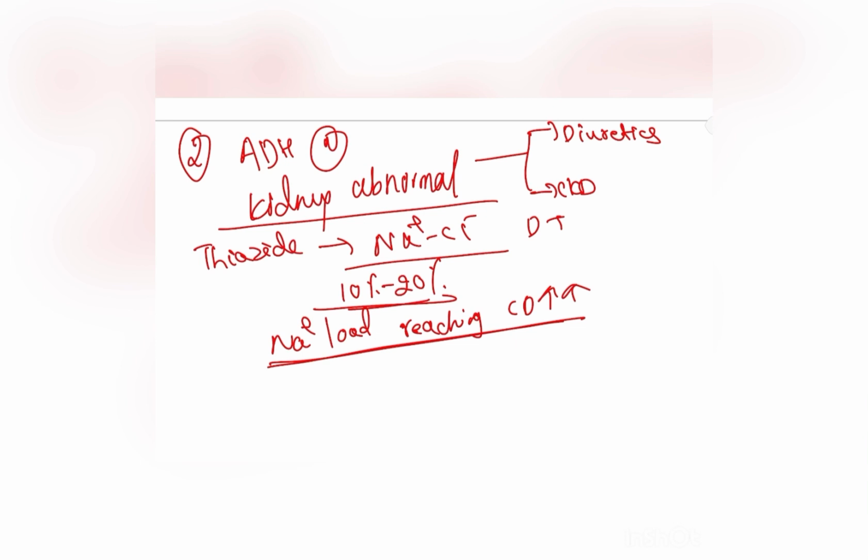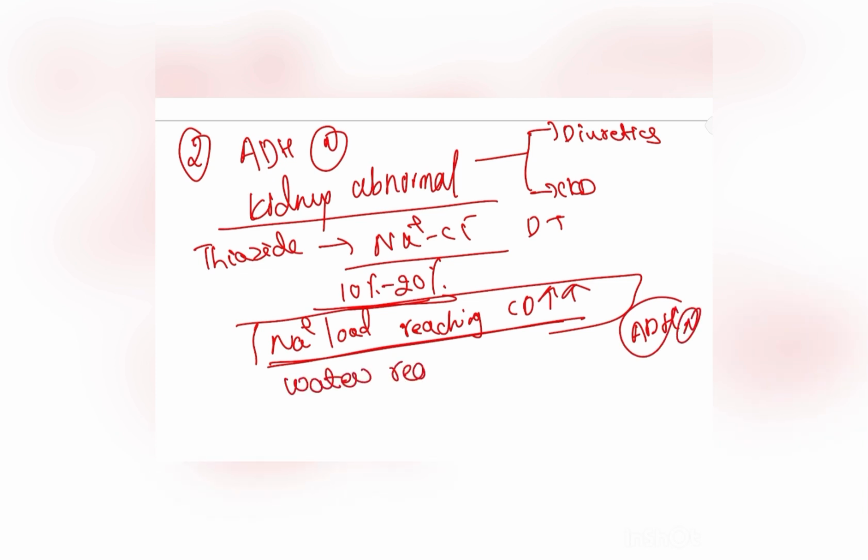But over a prolonged time, meaning 24 to 48 hours, the rest of the nephron undergoes excess reabsorption, and because ADH is normal in this patient, ADH acts, and as a result excess water is reabsorbed.